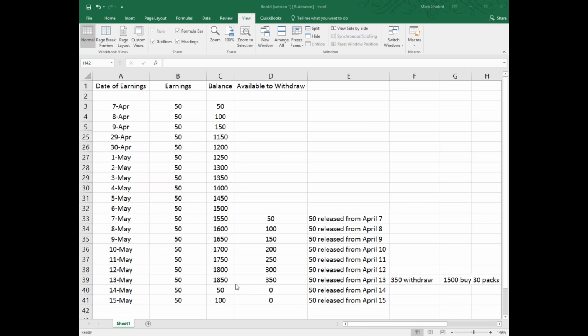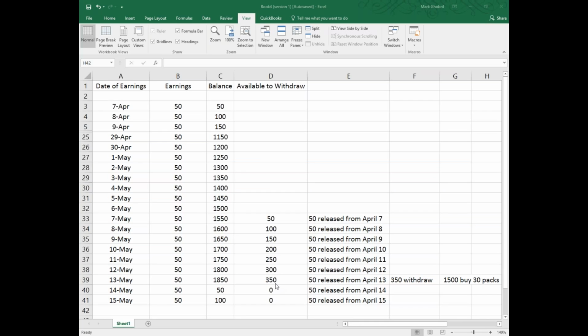Now, the great thing about the programming is that it is first going to use the new money to buy packs. So if you actually purchase your packs prior to doing your withdrawal, and let's say we purchase 30 packs, that's €1,500, it will actually reduce your balance to $350, but it will use the newest money, meaning that this older money of $350 will remain intact.